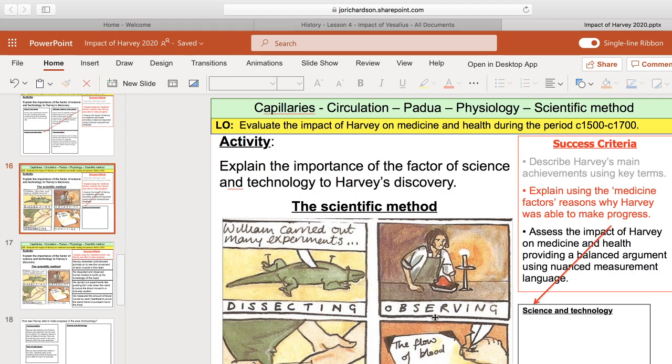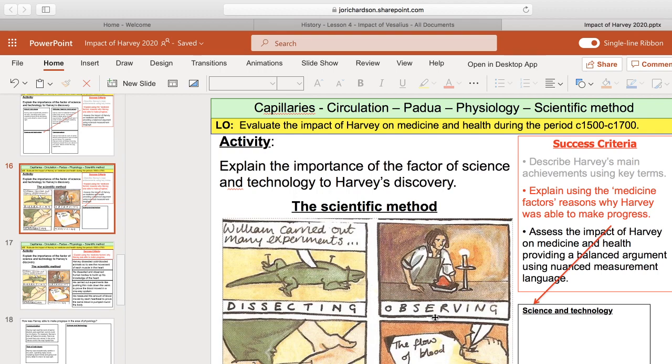So when we think about the scientific method, what you need to think about is, in your science lessons, when you're about to do a practical, what sort of things do you have to do? That puts you in a position to understand this a little bit better.